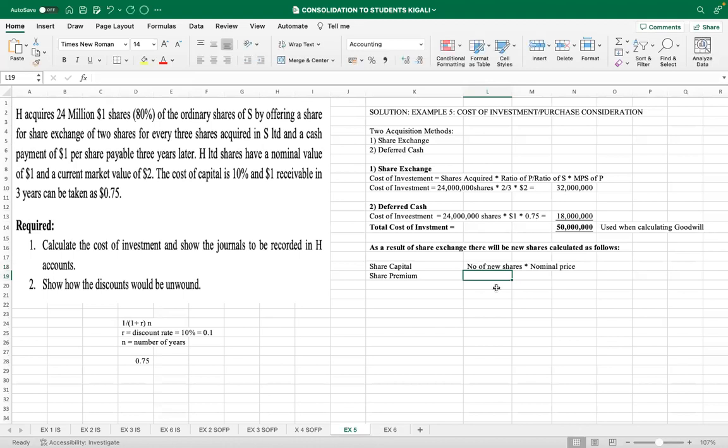Share premium is the number of new shares times market price minus nominal price, divided by market price.